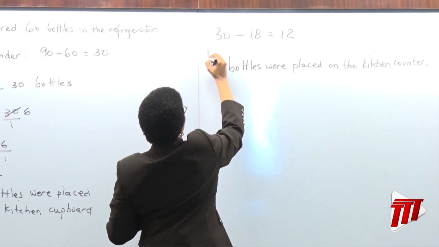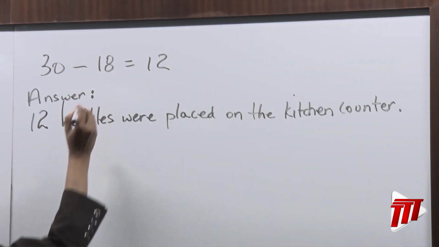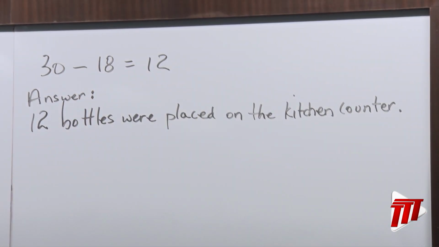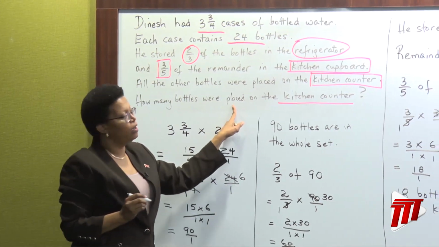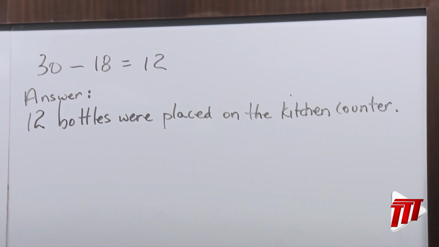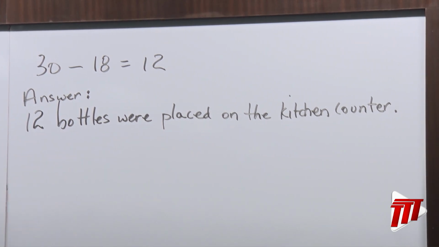This is our answer. How many bottles were placed on the kitchen counter? Our answer, 12 bottles were placed on the kitchen counter.